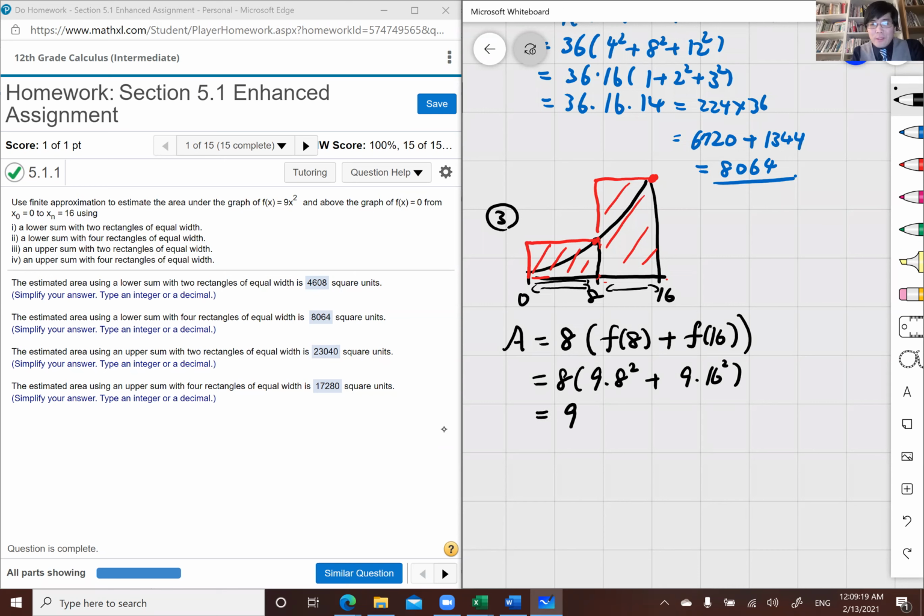We can factor out 9 and 8 squared, so it's going to be 1 plus 4. This is something we just found in part 1, 4608, and you just multiply it by 5. So it's going to be 23040.